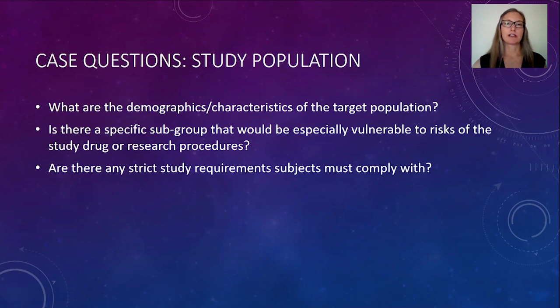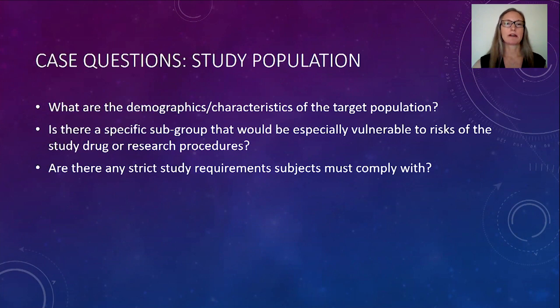Another consideration is whether there is a subgroup of individuals that would be especially vulnerable to risks of the study drug or research procedures. In this case, there are some early data that suggest some possible liver effects. Considering this, we may want to exclude people with a history of liver disease.